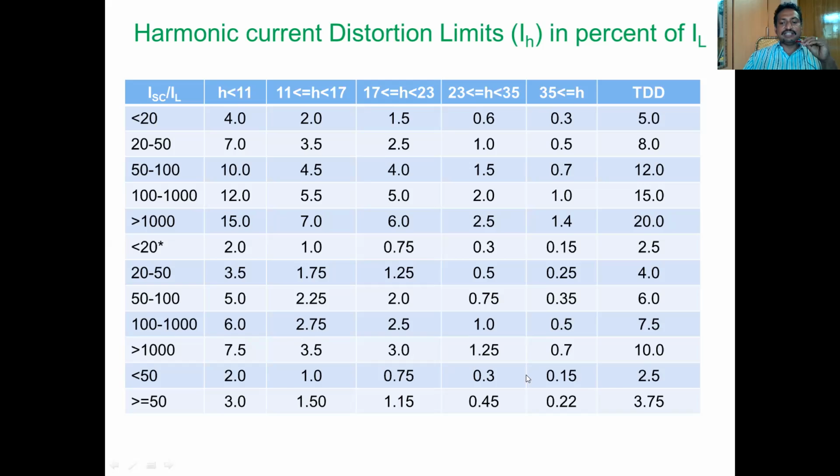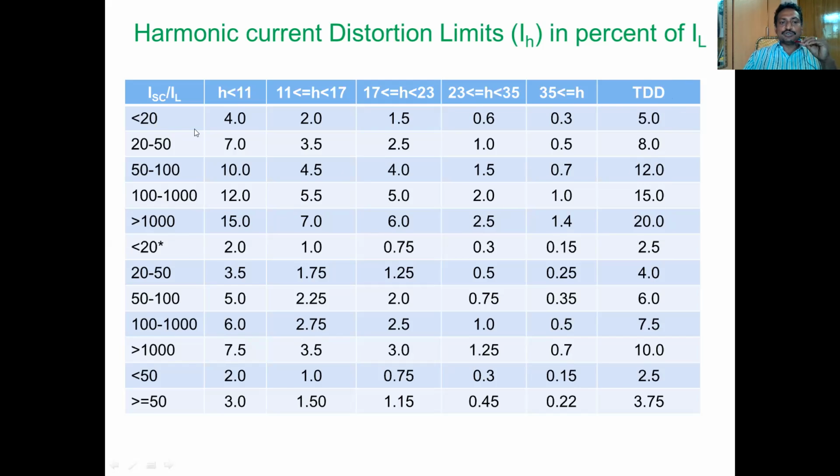Again this less than 50, it decreases. It is greater than 100, you see here 0.7. Similarly, this total demand distortion also follows: less than 20, 5; 20 to 50, 8; 50 to 100, 12; 100 to 1000, 15; greater than 1000, 20. Again, you'll come back to less than 2.5, like this.